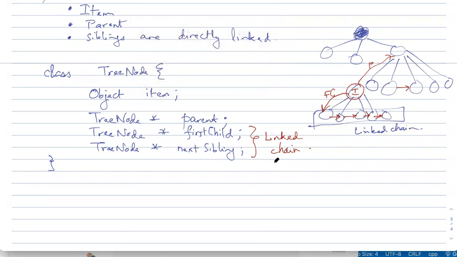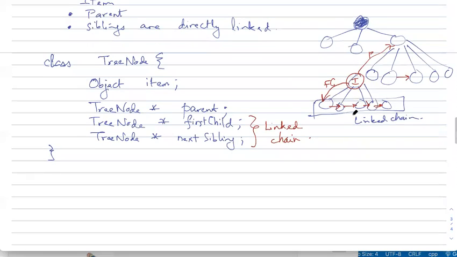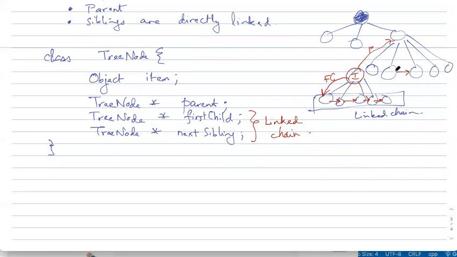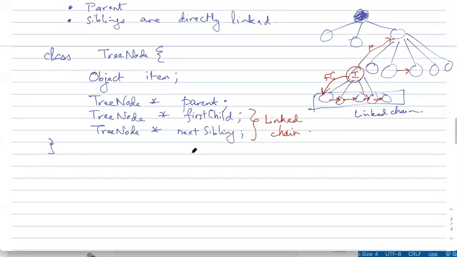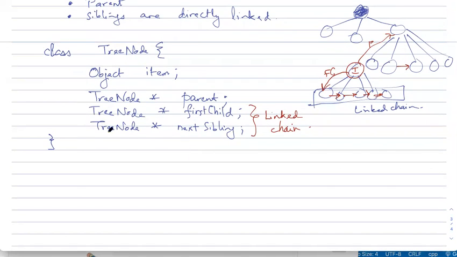That's the key point. But this kind of connection is valid for every single node. Okay. So this is considered to be the most efficient representation when you are having any number of children.